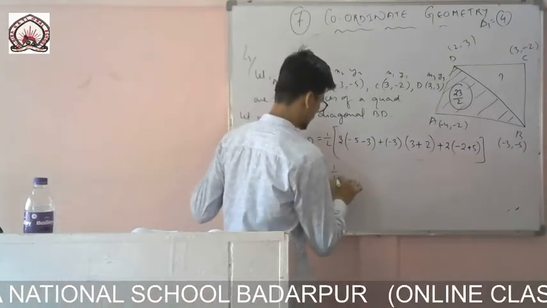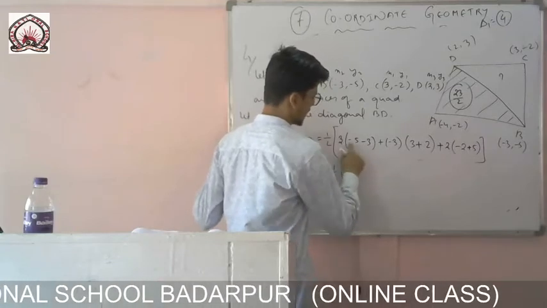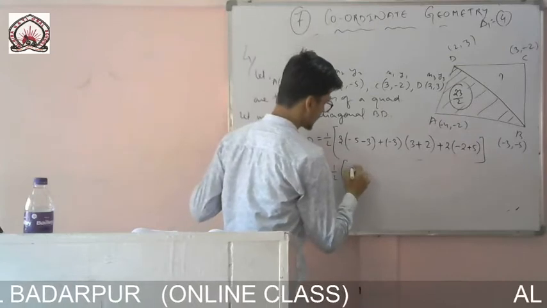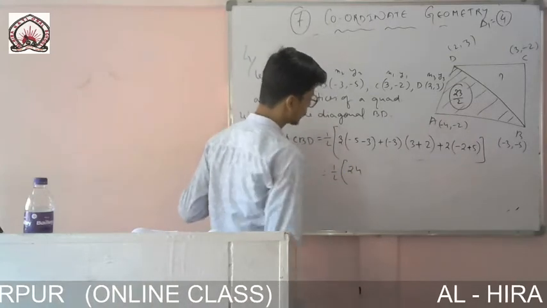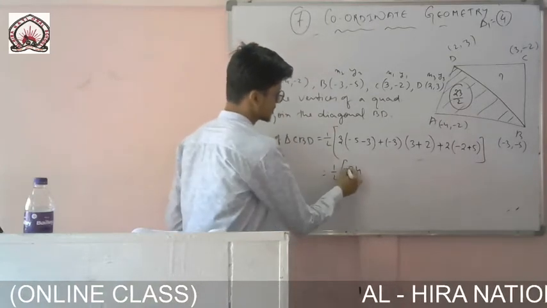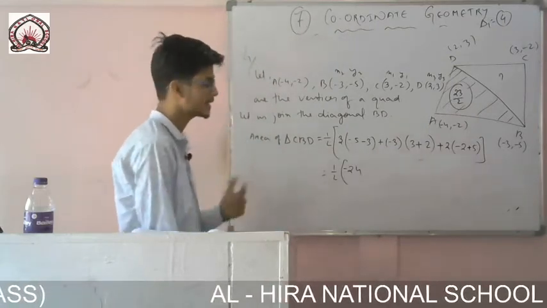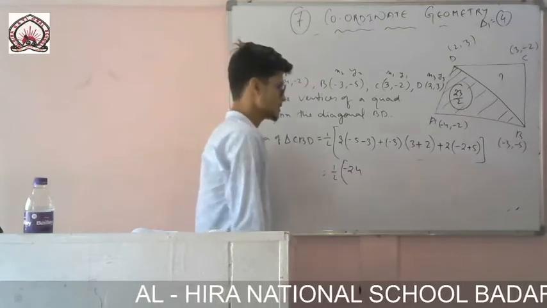So half into minus minus it became plus 5, 6, 7, 8, 8 threes are 24, so minus 24. Minus 8 into 3 it will be minus 24.